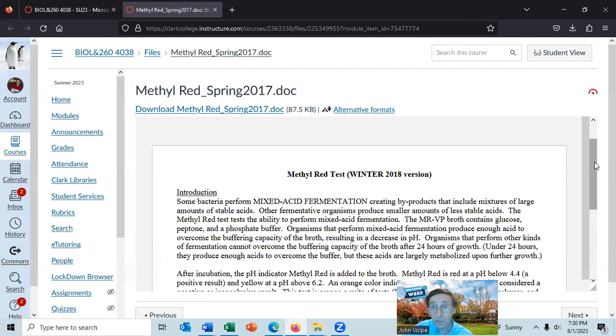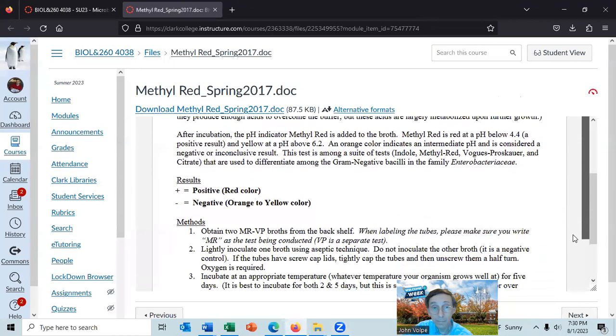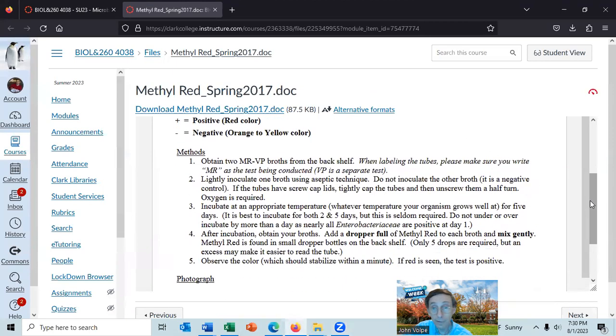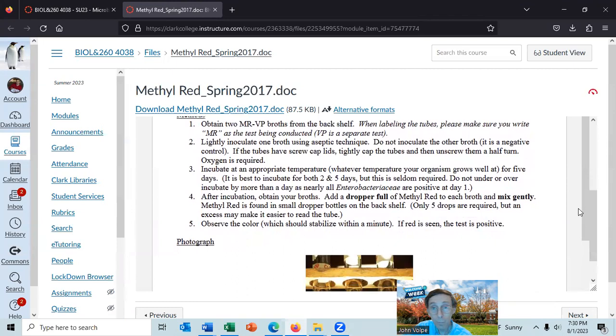So it tells you about the MR test. You should read about it, what the possible results are, and then I'll send you the results. That has to incubate for 2 to 5 days. Normally we incubate for 5 days, because if you incubate for 2 days and it's negative, you have to repeat the test again for 5 days.